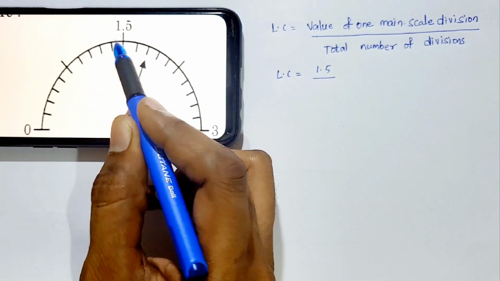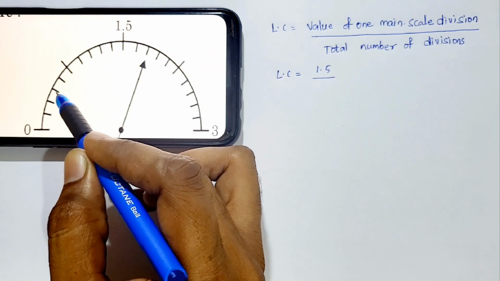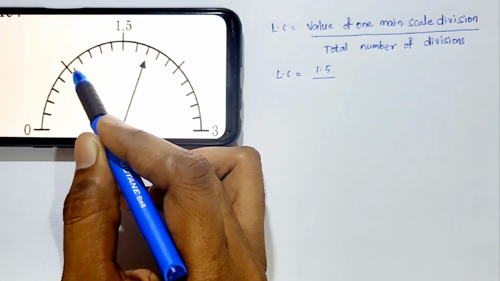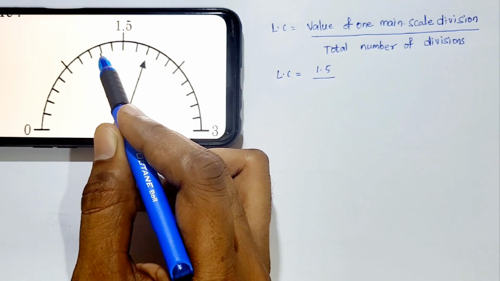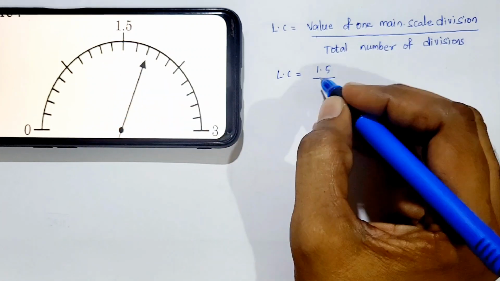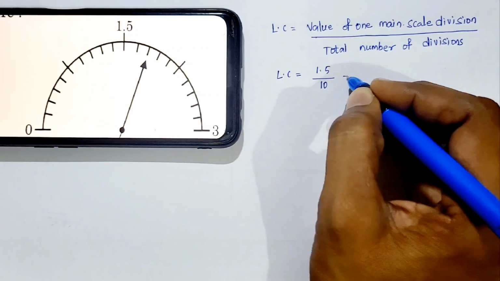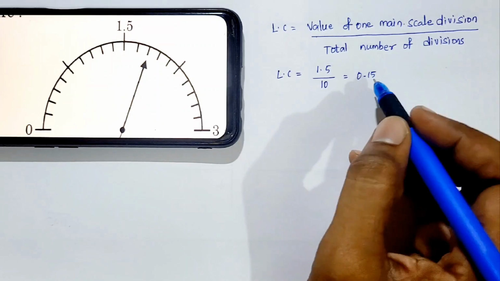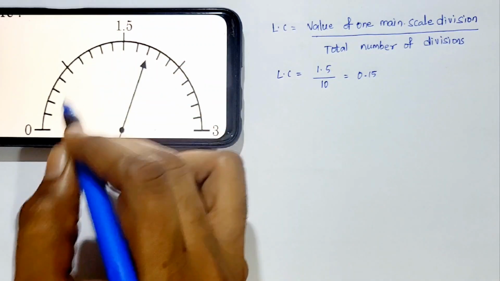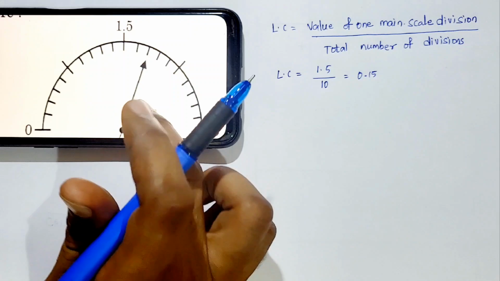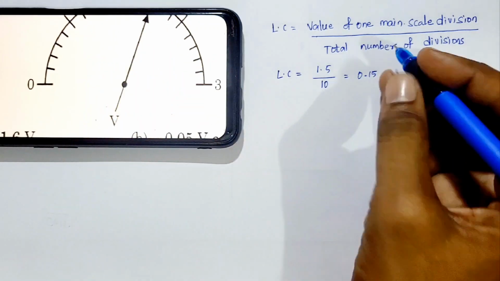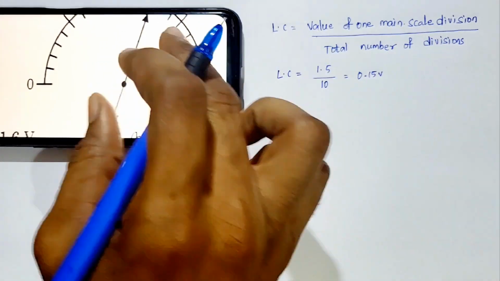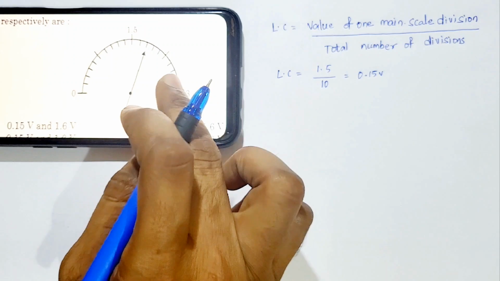How many divisions are there? 1, 2, 3, 4, 5, 6, 7, 8, 9, 10. 1.5 divided by 10 is 0.15. So 0.15 is the least count of this meter. If they have given V here, then we write 0.15 volts.